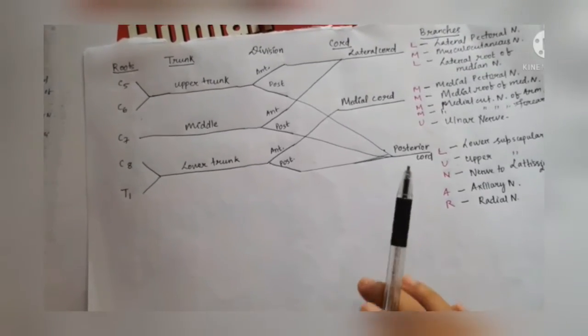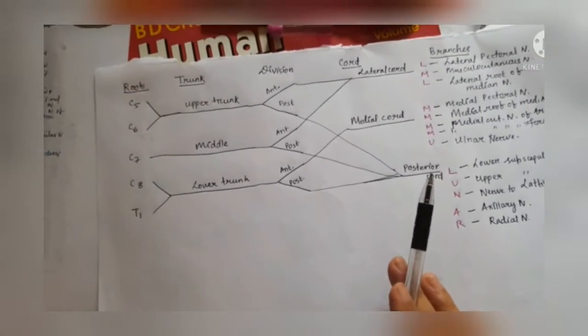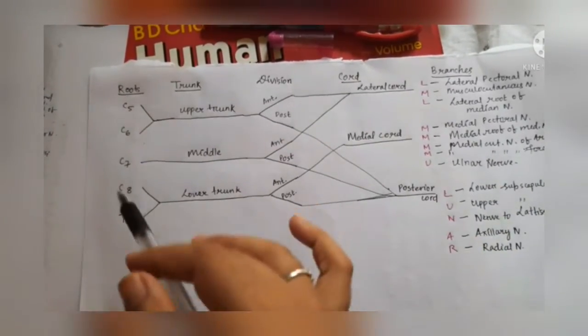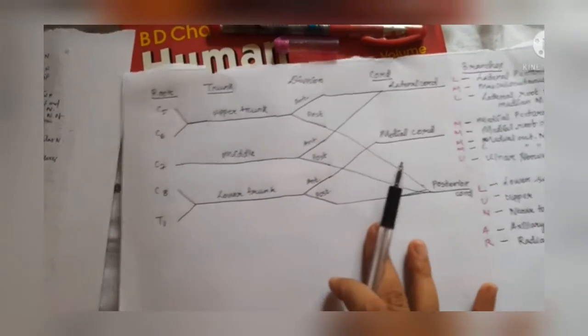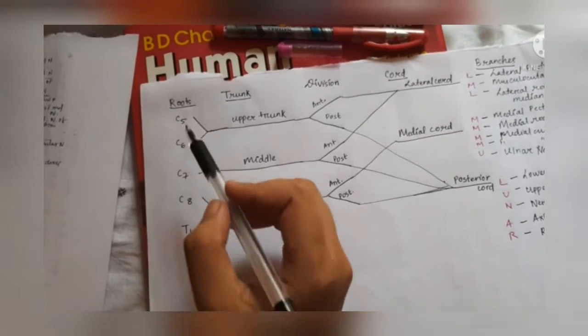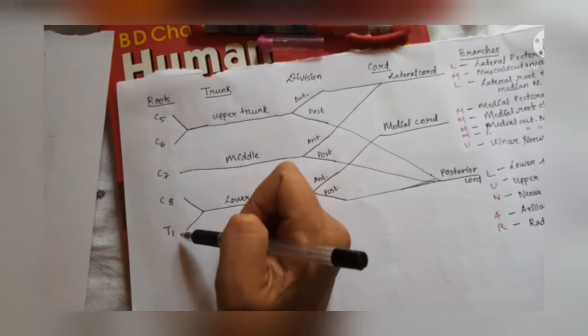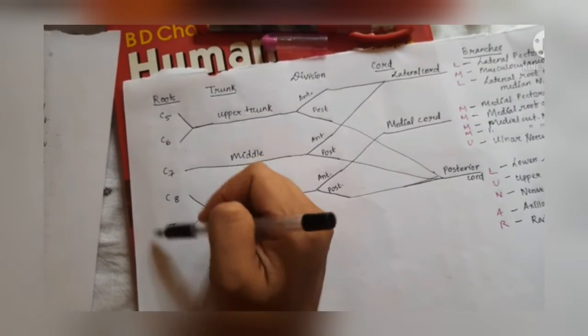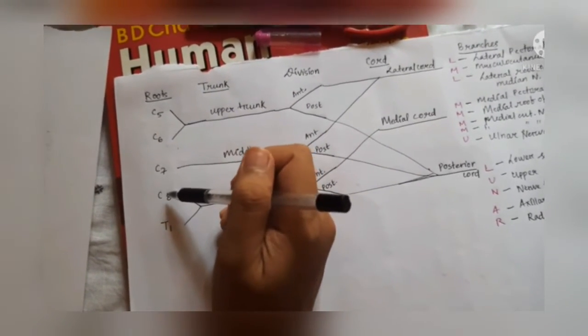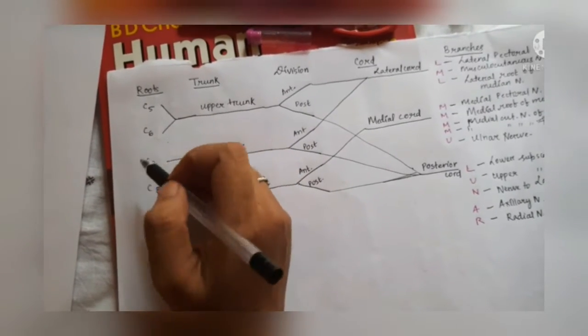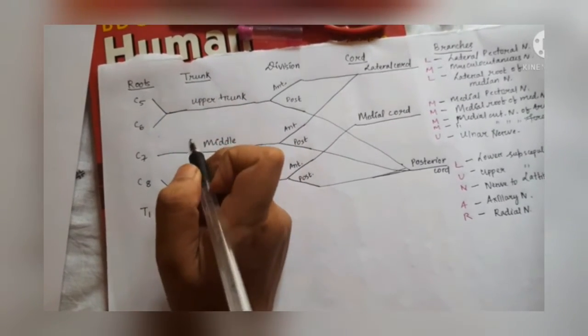So I will tell you one story so that you can remember the schematic representation of the brachial plexus more easily. Let us consider that C5, C6, C7, C8 and T1 were friends who belonged to a particular village.